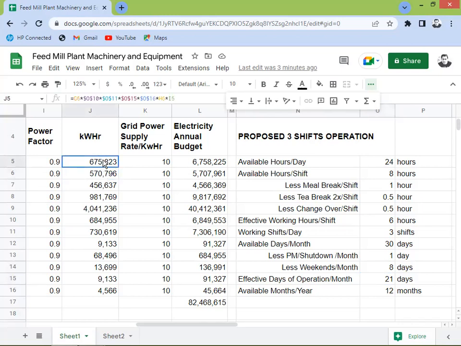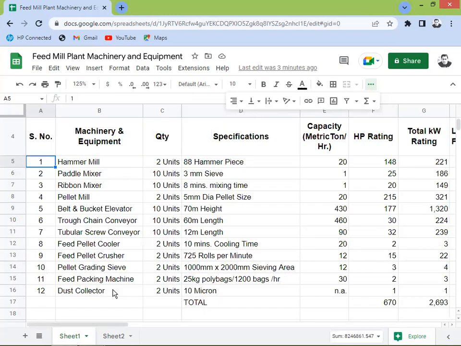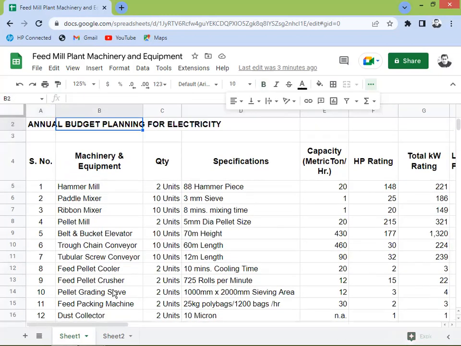Okay, this includes the period in the equation. This is useful not only for the annual budget plan for electricity, but it is also very useful for a feasibility study.